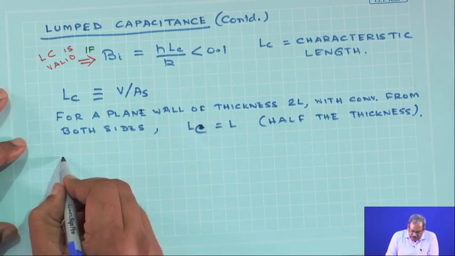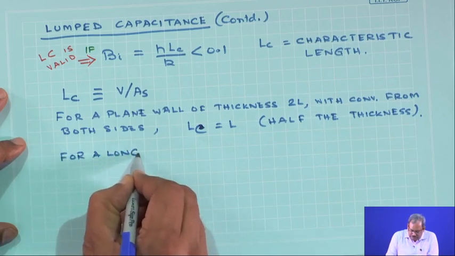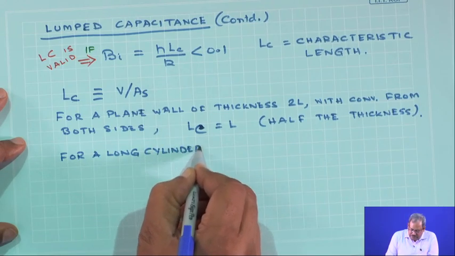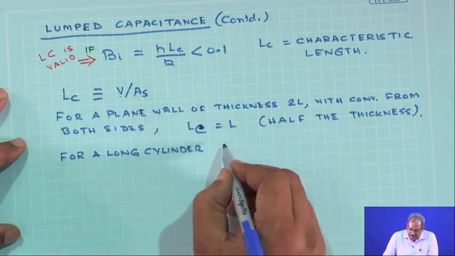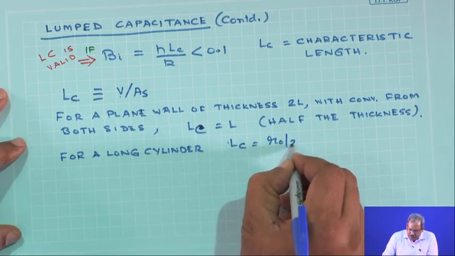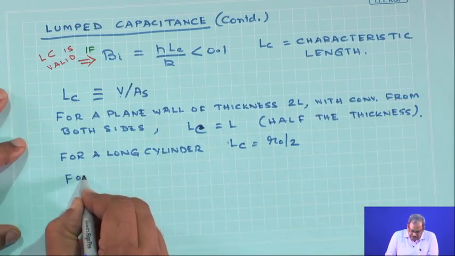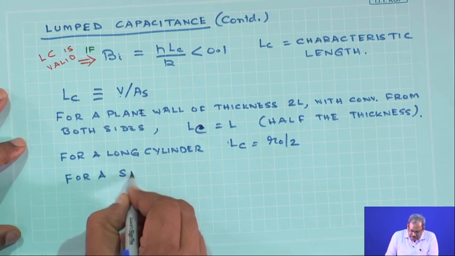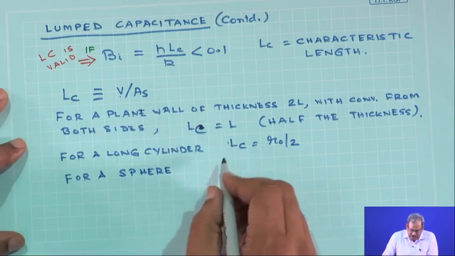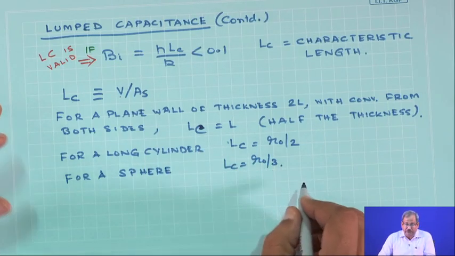If you think of a long cylinder, if you use this formula Lc equals V by As, you would see that Lc is going to be equal to R naught by 2, where R naught is the radius of the cylinder. And for a sphere, again if you use this formula, your Lc is simply going to be equal to R naught by 3.